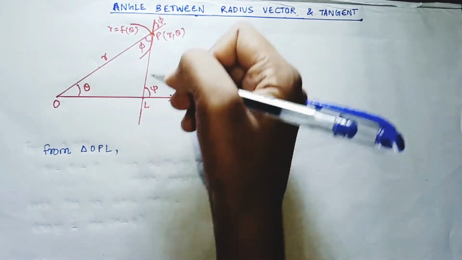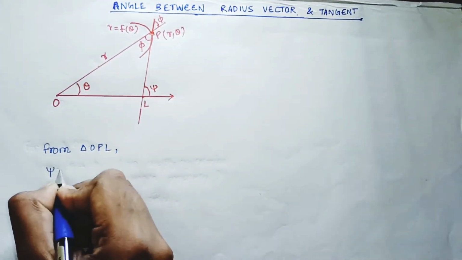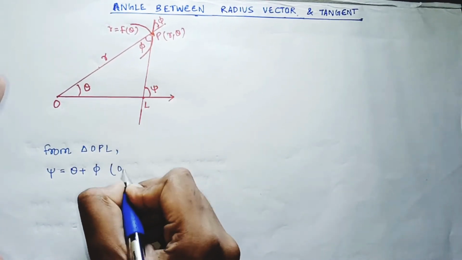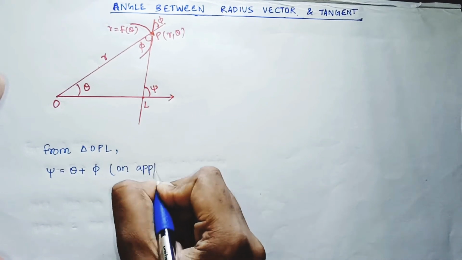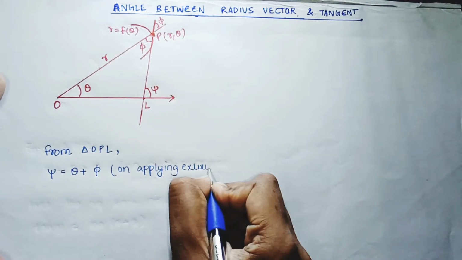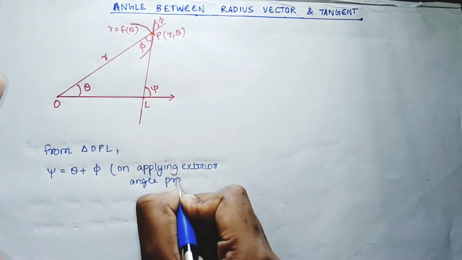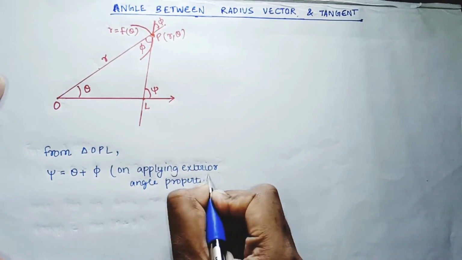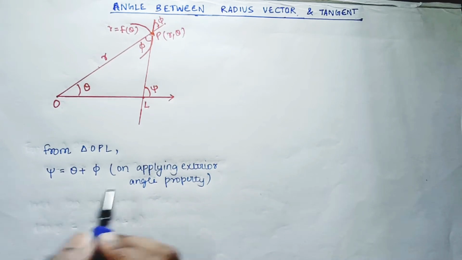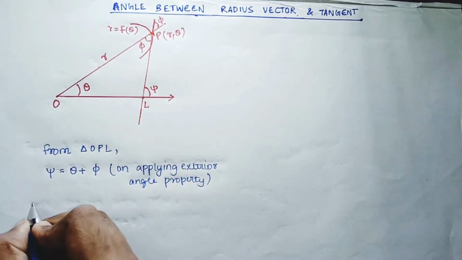So by the exterior angle property we get psi is equal to theta plus phi. So this is the expression. Now we need to take tan on both sides of the expression.